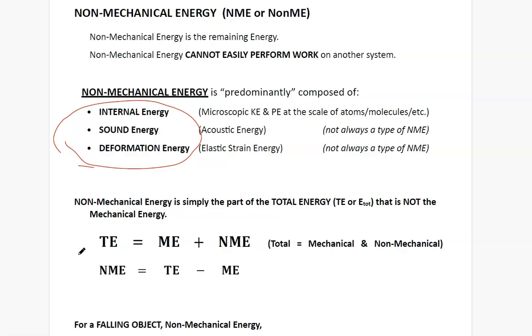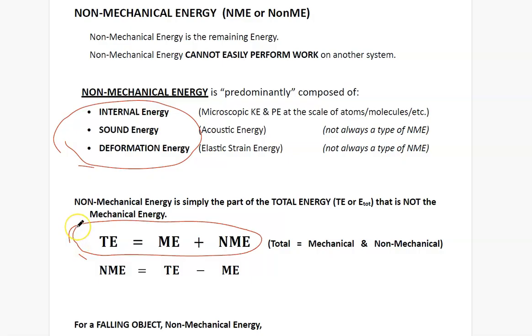That will often make a sound. We will hear it. That is because acoustic energy has moved through the molecules in the air before it's reached our ears. And then deformation energy, if when the impact happens, something got bent or broken or crushed in some way. So that's non-mechanical, and that's really all you need to know about non-mechanical.